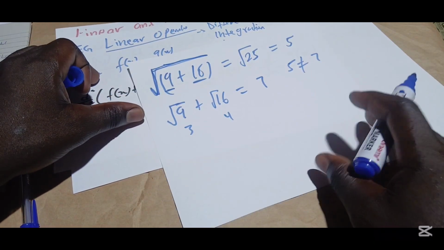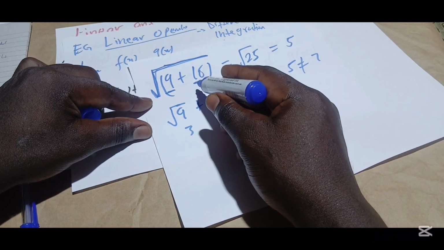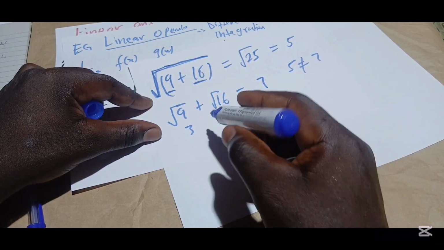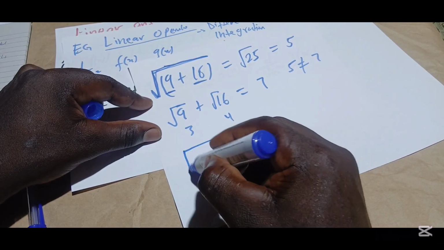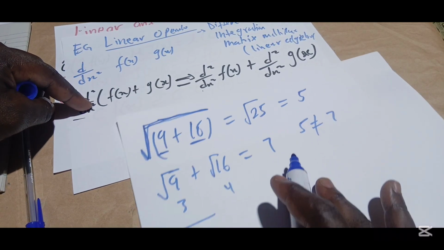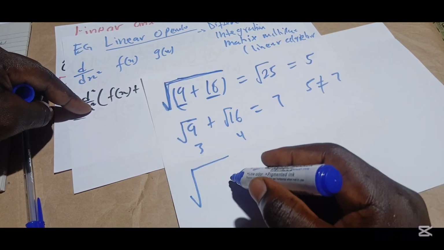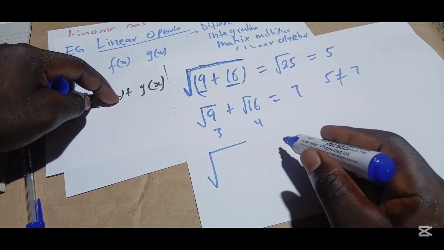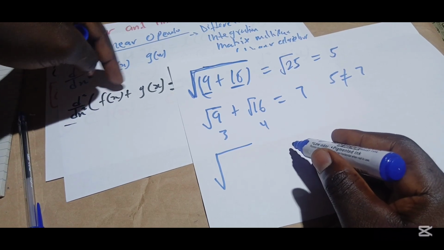Another way to prove it: let's say the square root sign is our operator, and our functions are f of x and g of x.